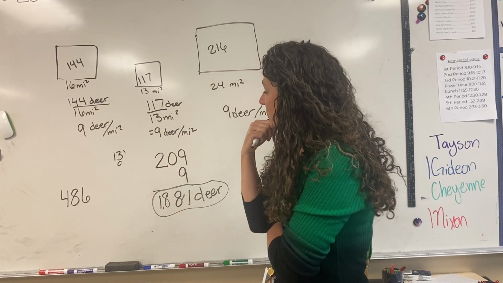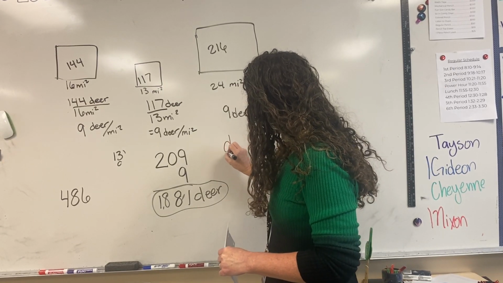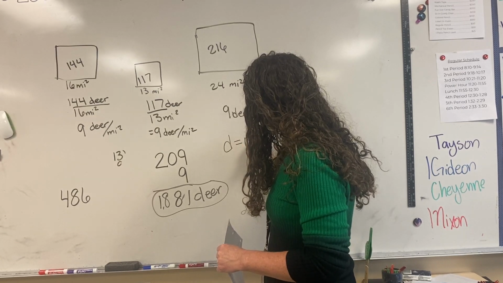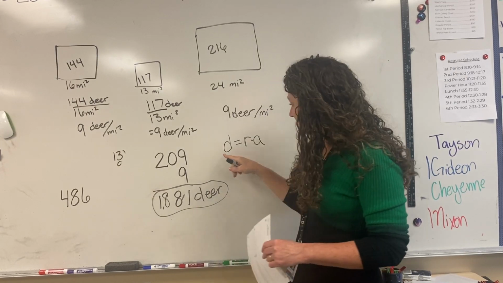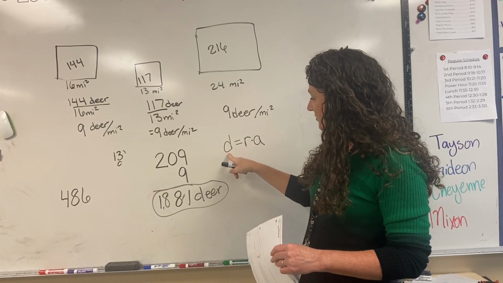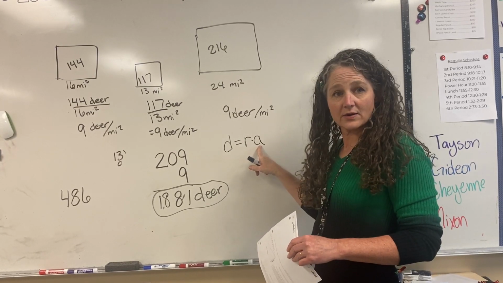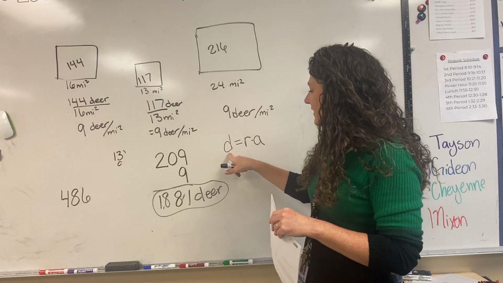Okay, so if we had 486 deer, well, if deer equals the rate times the area, can we use that formula? Because we found out how many deer we had using the unit rate times the area. But now we're going to go backwards. How many deer are there?